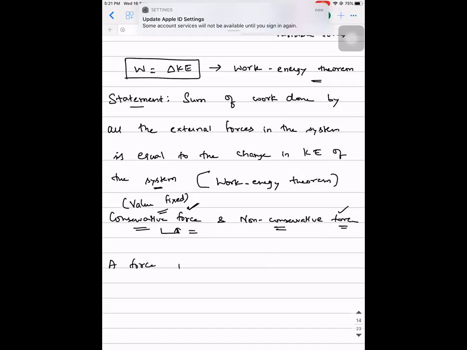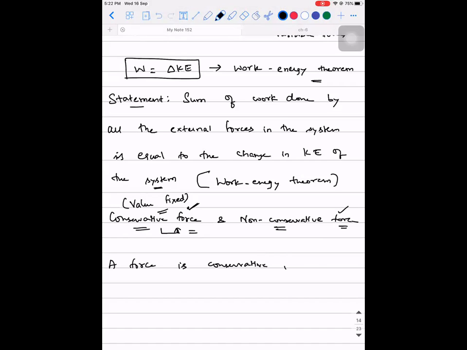We can say a force is conservative in nature if the work done by the force is zero in a round trip.